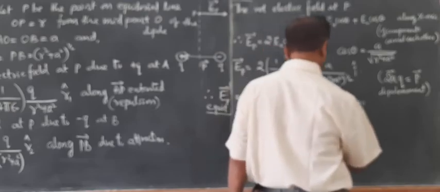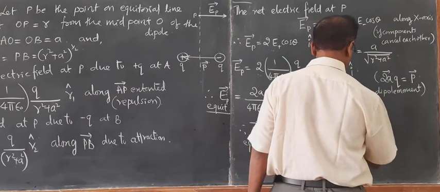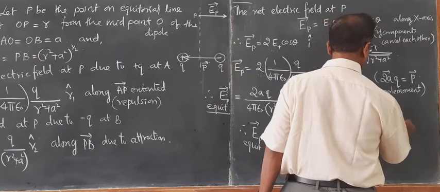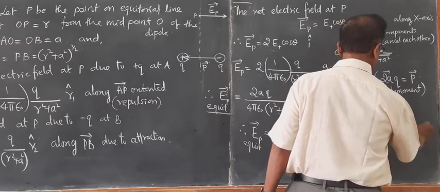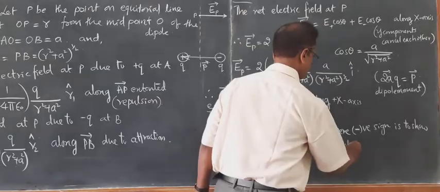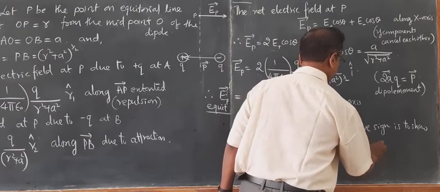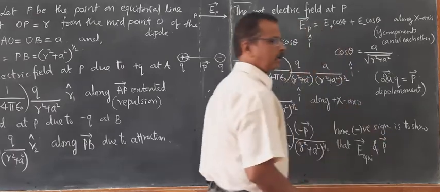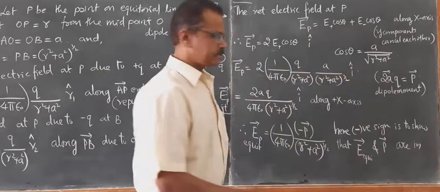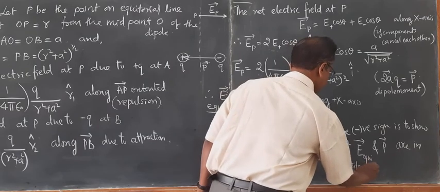So here the negative sign is to show that E equatorial vector and P vector are in opposite directions.